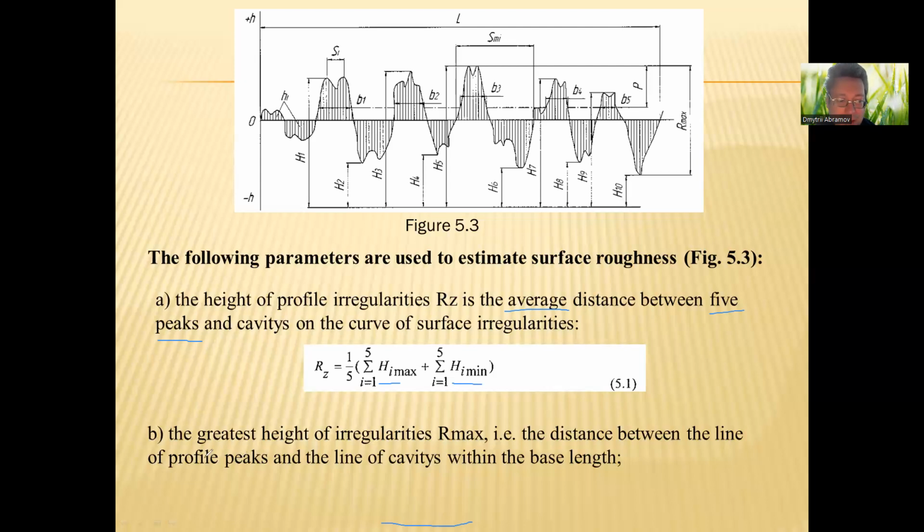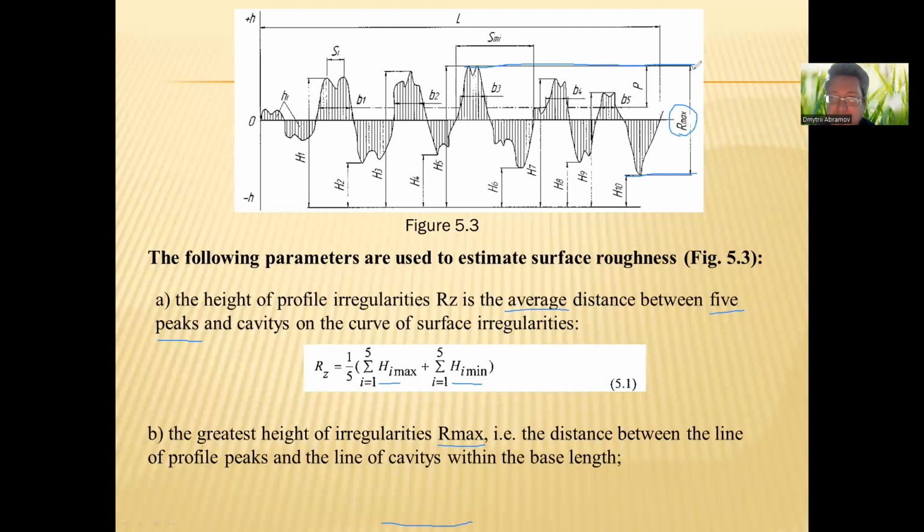B. Next parameter. The greatest height of irregularities, R suffix maximum. You can see R suffix maximum on the scheme. It's the distance between the line of profile peaks and the line of cavities. Line of peaks and line of cavities.